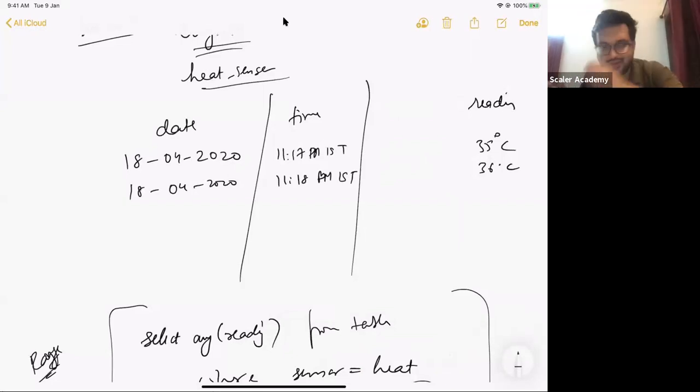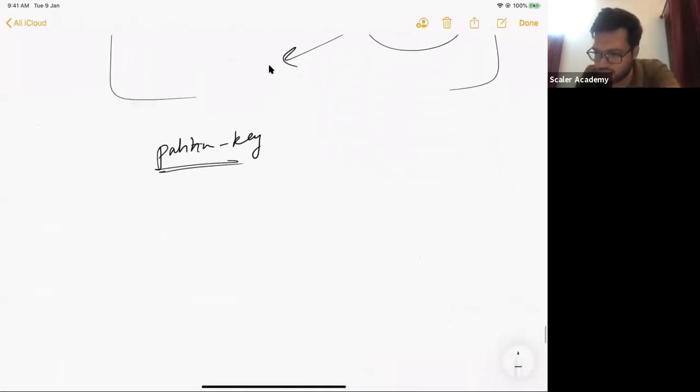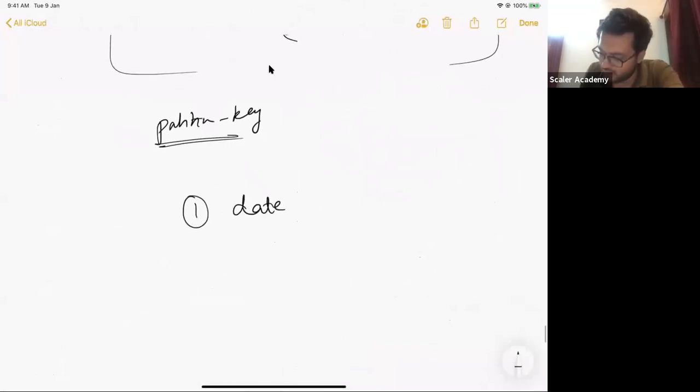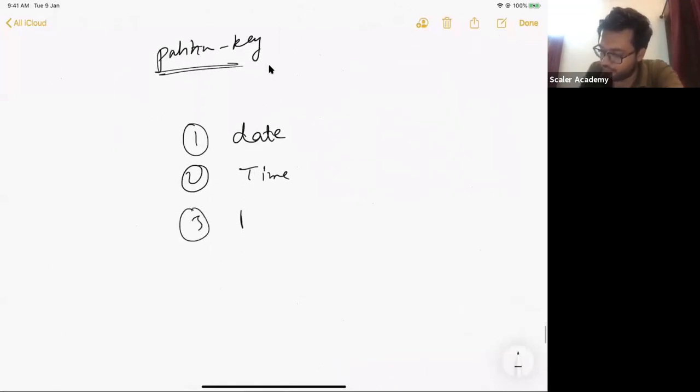Now, let me just mention a few options, and I would want to understand how many people feel that as an option. Do you want me to have a poll, or that would take more time? Let's not do it. So one option here is that you can have it based on date. Does that make sense? The other option is that you can have it based on time. Another option is based on reading.